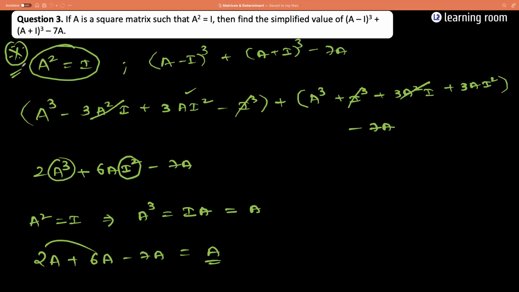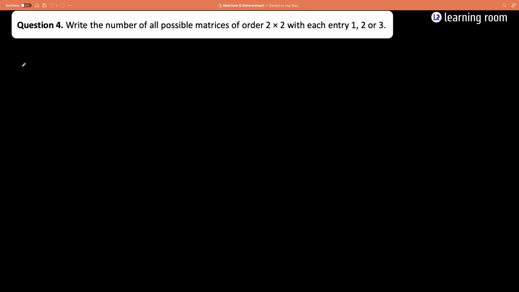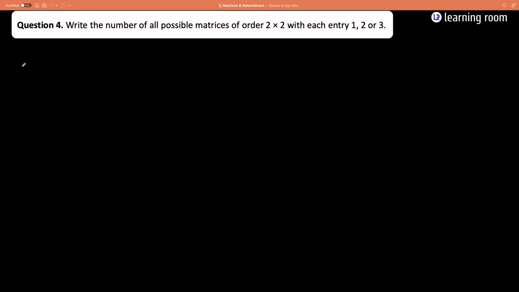Okay. Shall I proceed? Yes, sir. Write the number of all possible matrices of order 2 by 2 with the entries 1, 2, 3. Sir, 81.